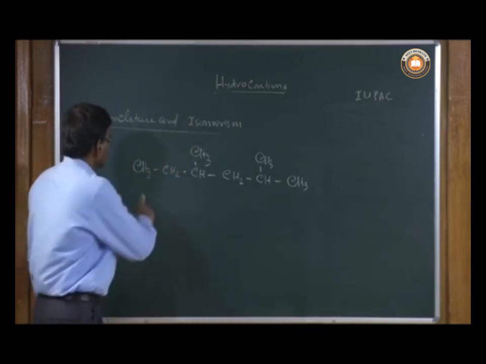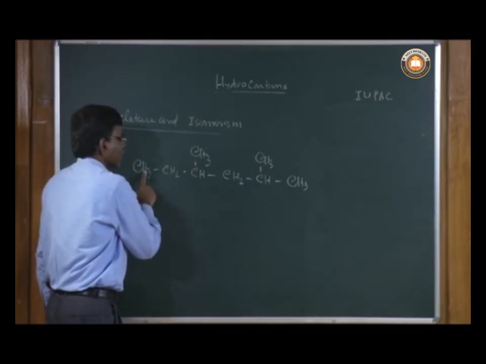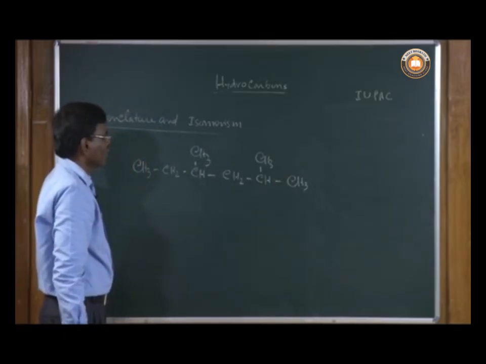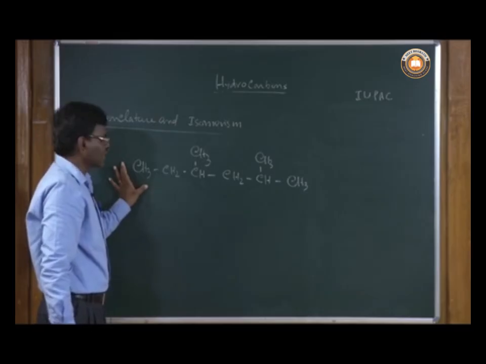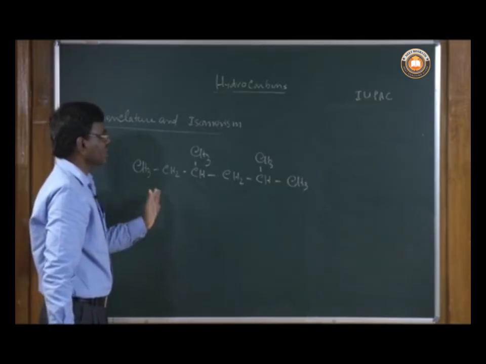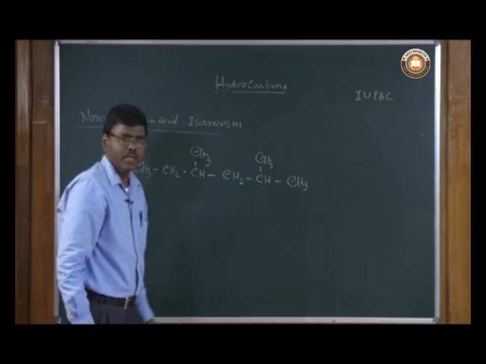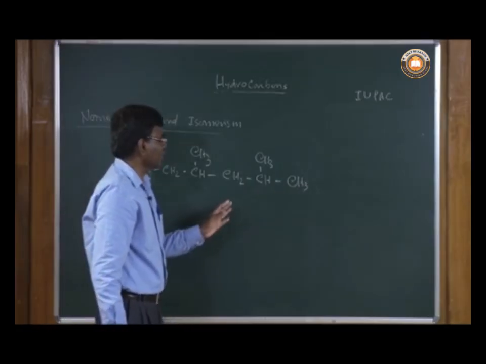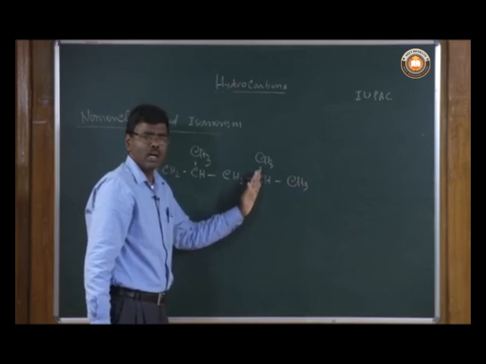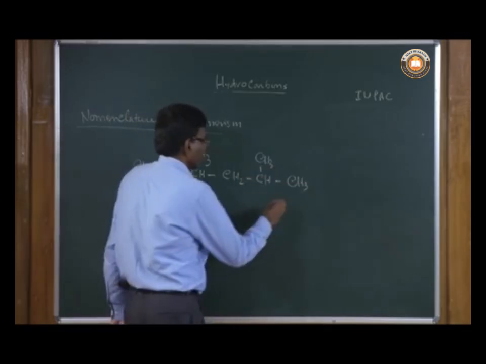The longest chain is this one, right. The longest chain has 6 carbon atoms. After finding the longest chain, you have to find out where the substitution is. There are 2 terminals, one on this side and one on that side. We have to find out which end is very close to the carbon that contains the substitution, in this case here. So, you have to start numbering from here.